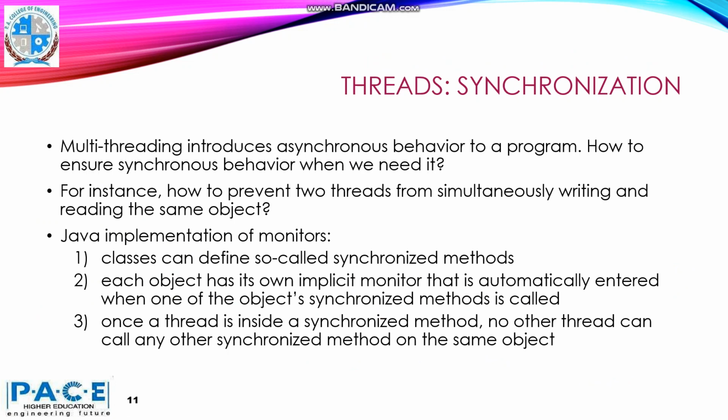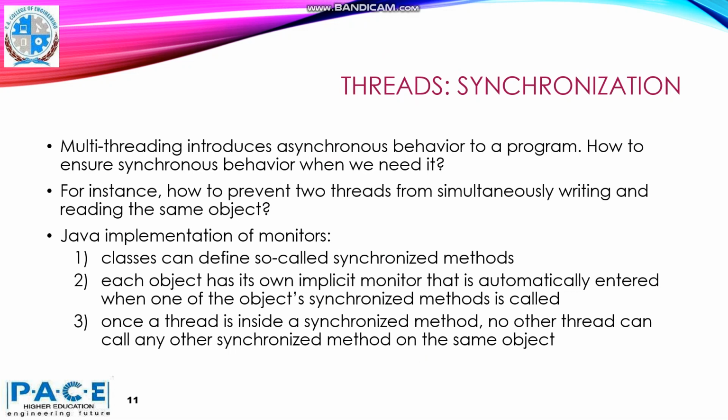Next, we'll see what is thread synchronization. Multithreading introduces asynchronous behavior to a program. How to ensure synchronous behavior when we need it? For instance, how to prevent two threads from simultaneously writing and reading the same object. Java provides the implementation of monitors so that the classes can define so-called synchronized methods.